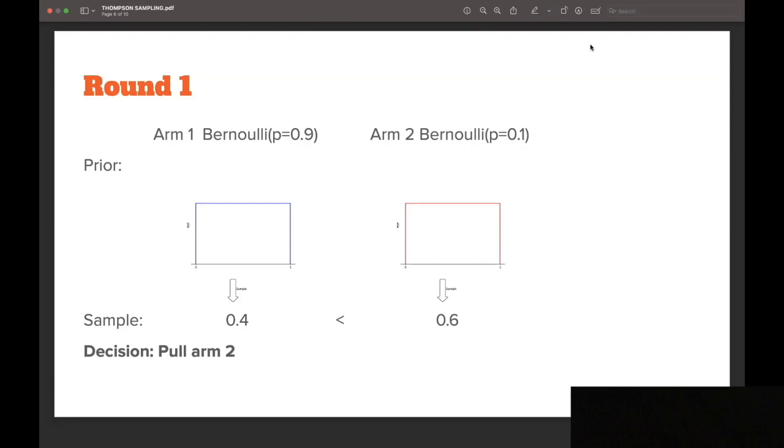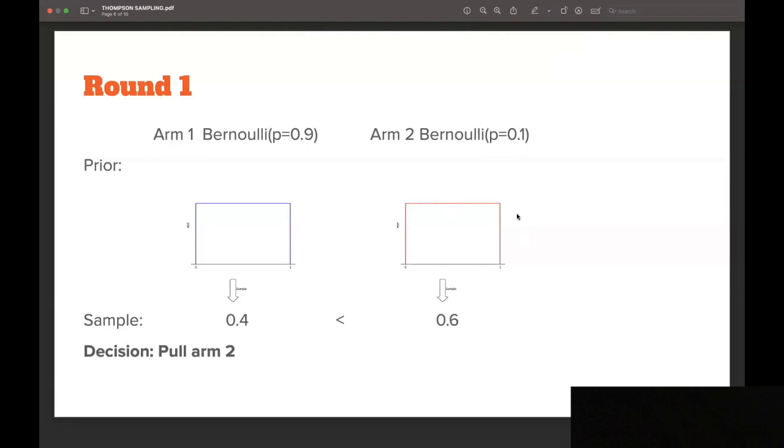As I mentioned before, if we don't have any knowledge on how the expected return of each arm might be distributed, then it's reasonable to assume a uniform distribution. As we can see in the slide, indeed, the prior is uniformly distributed for both arms.